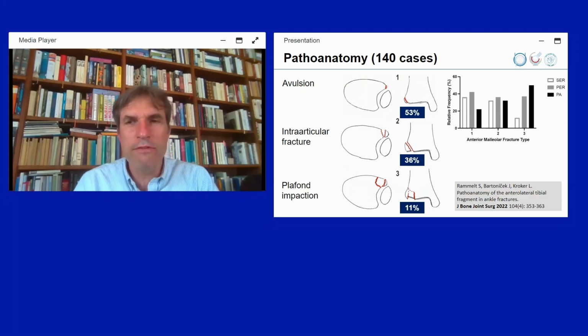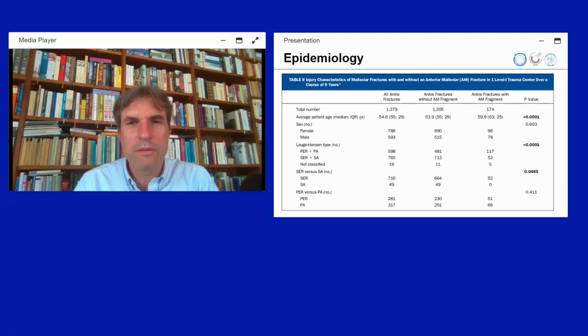And in fact, when we looked up the Lauge-Hansen stages as classified by radiographs in our patients, we found that the type 1s, the avulsion fractures, were overrepresented in supination external rotation injuries, while the type 3 was overrepresented in pronation abduction injuries. So probably the old guys were right with their assumptions.